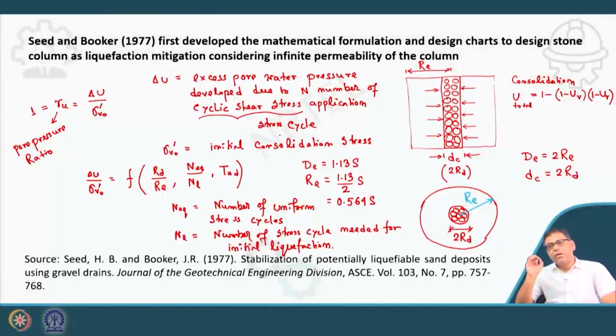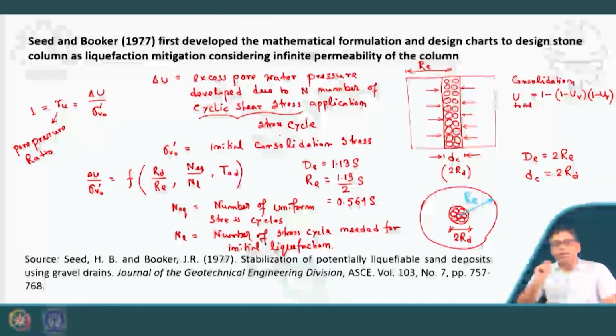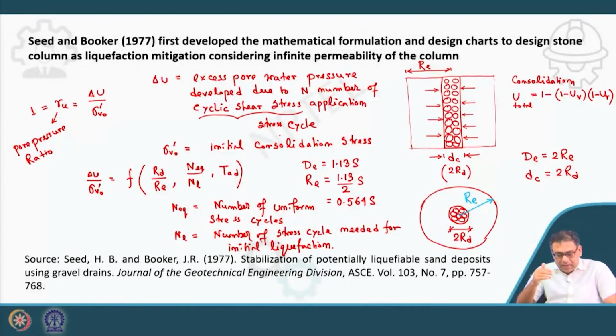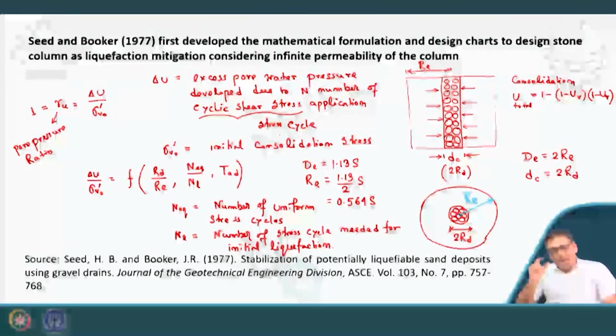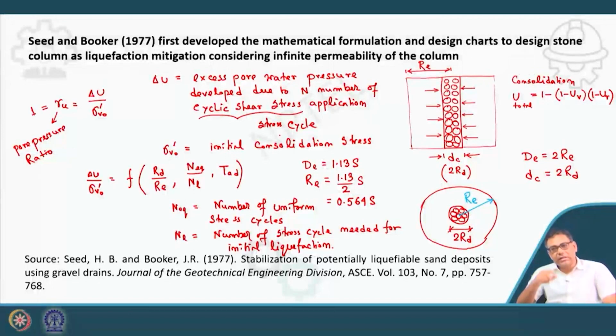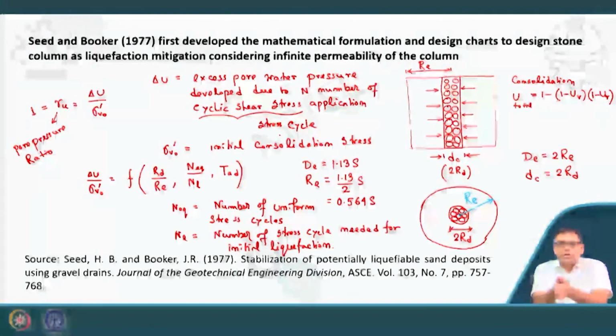So if your NL is equal to N equivalent, that means your applied uniform stress cycle is equal to the stress cycle required to cause liquefaction. If they are same, that means there will be just the initiation of the liquefaction.